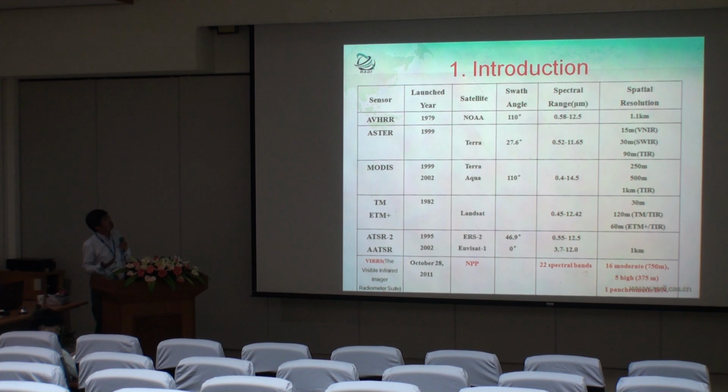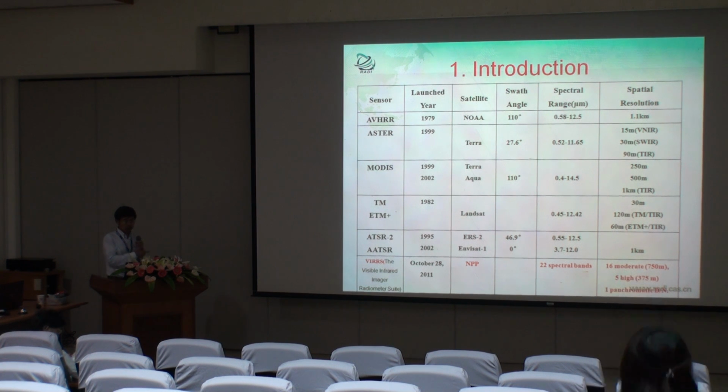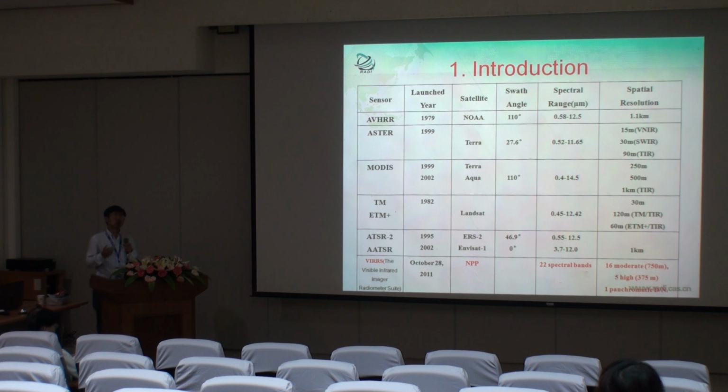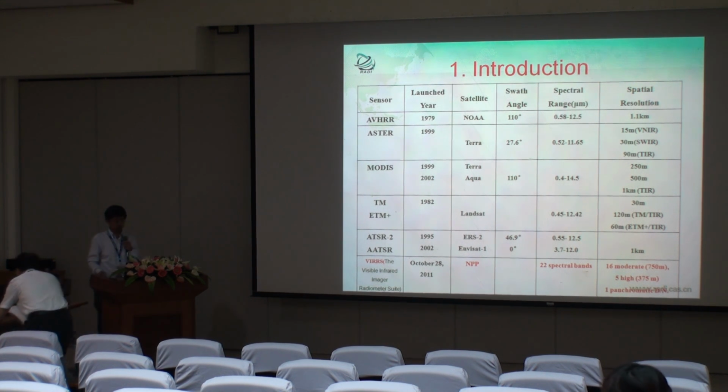The AHI is a long-time series sensor, including 2 thermal-infrared bands, so we can use the split-window of them for the land surface temperature retrieval.